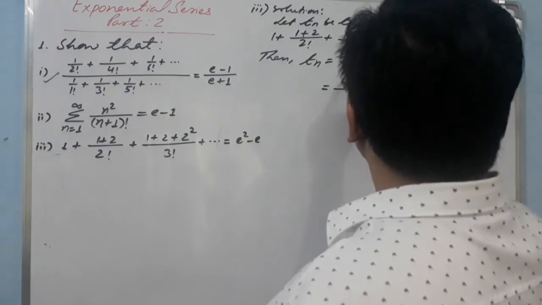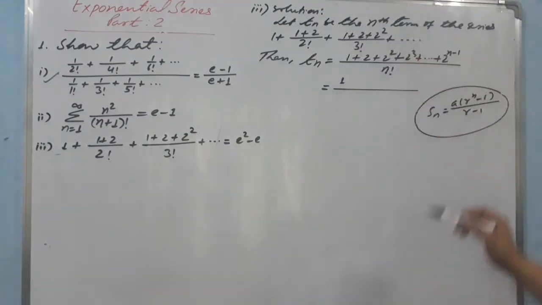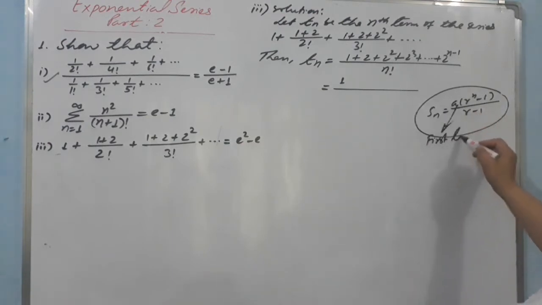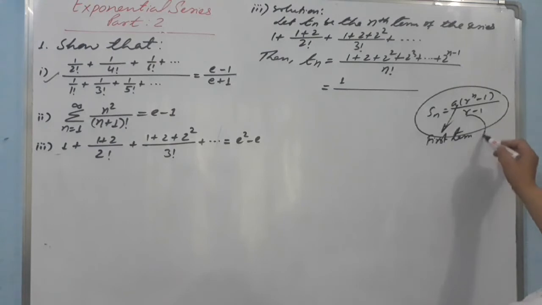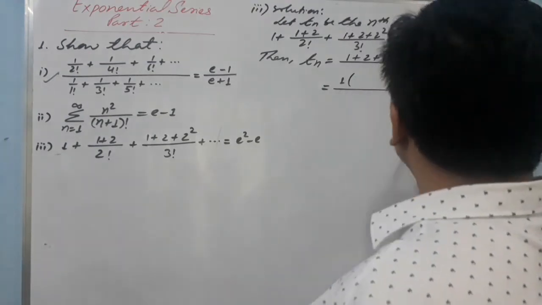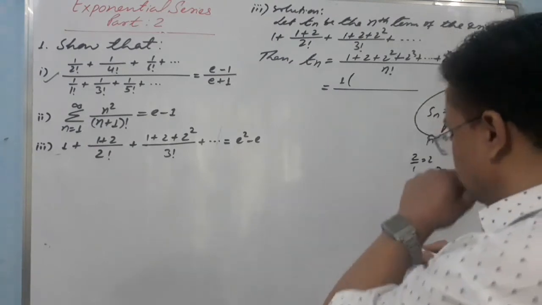Here a is your first term, and r is the common ratio. Common ratio means 2 squared upon 2, which is equal to 2.